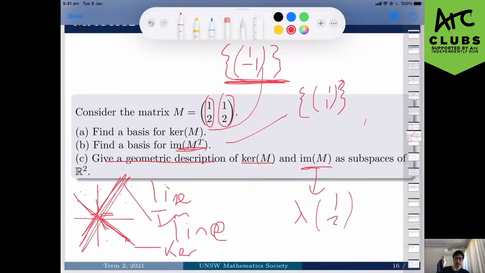In that case, the column space of this matrix is just going to be spanned by (1, 2). And the image is the same thing, the image of the matrix, which is definitionally a shorthand for the image of the transformation represented by M.